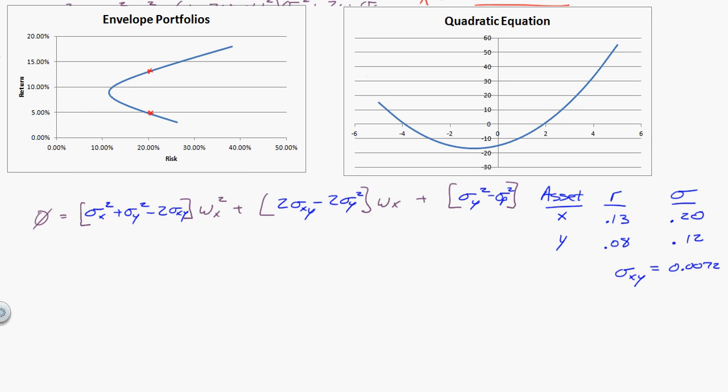Okay, so now I want to go back and I want to find these points. How precisely do I do that? First, I need to find the weights. So this term is like A, this is like B, this is like C. So A will be equal to 0.2 squared plus 0.12 squared minus 2 times 0.0072.